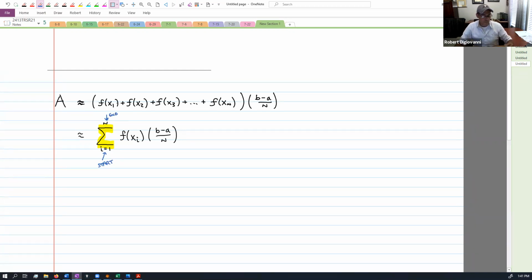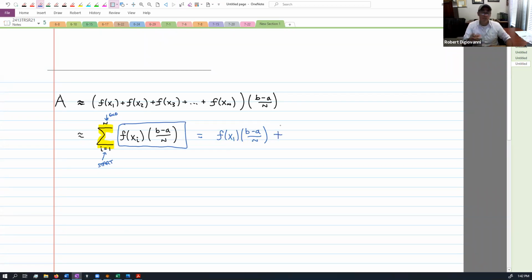You start with i being 1, and you write this out, replacing i with 1. So we get f of x sub 1 times (b minus a) over n. Then you put a plus.